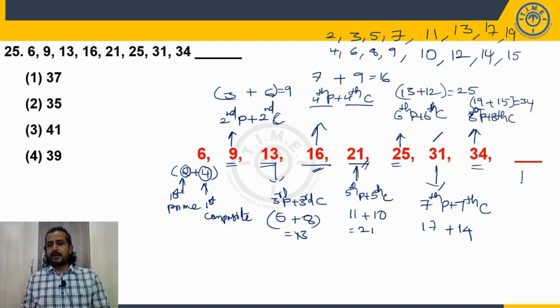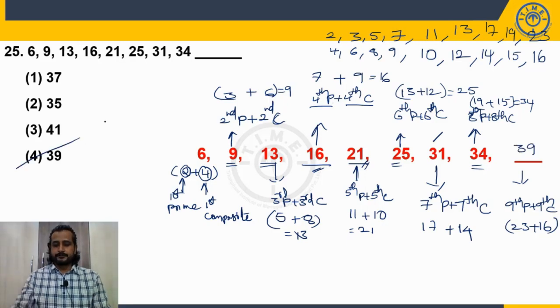So what should be my answer? Ninth prime plus ninth composite. After 19, the prime number is 23. After 15, the composite is 16. So 23 plus 16 is how much? 39. So the required answer is choice 4.